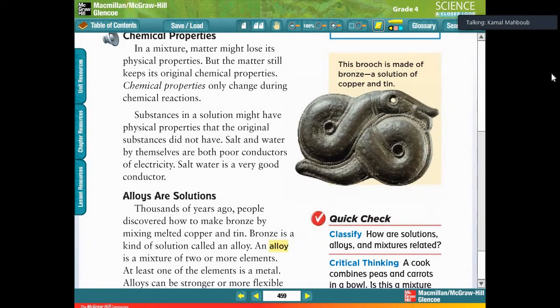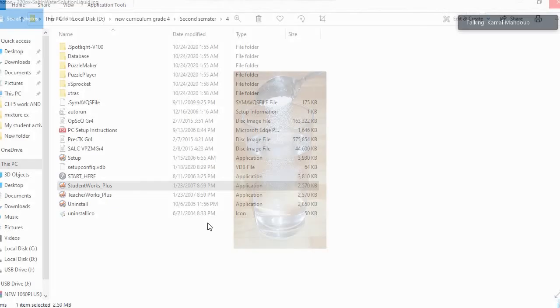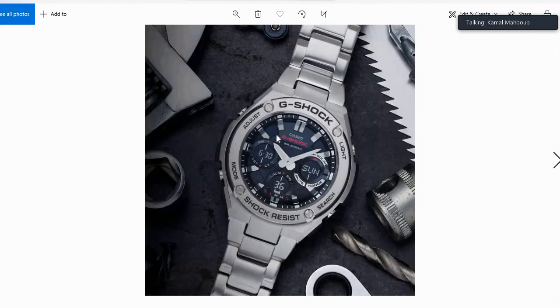Another example, I will give you another example. Another example for that is steel. Do you know what steel is made up of?